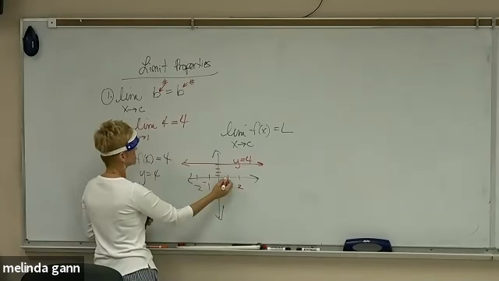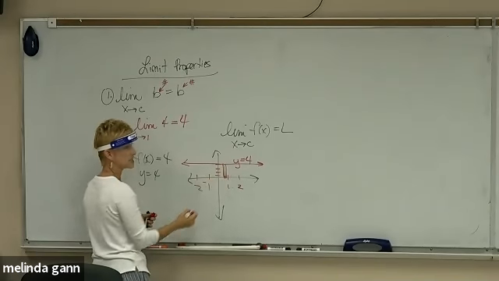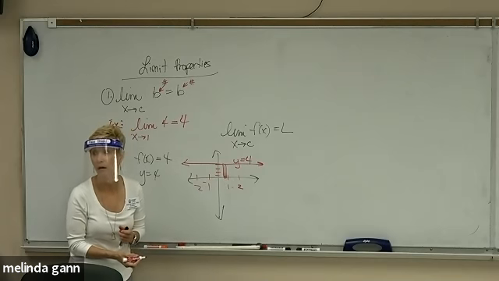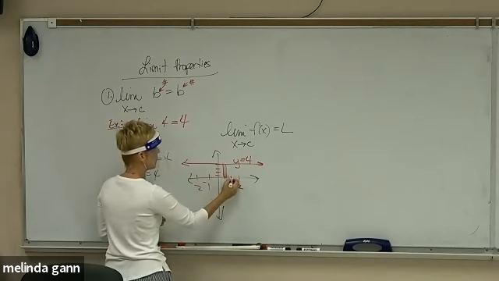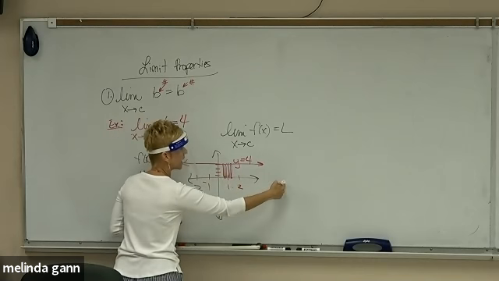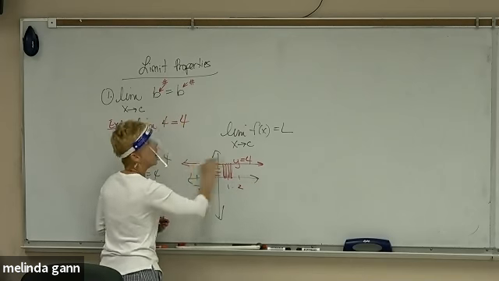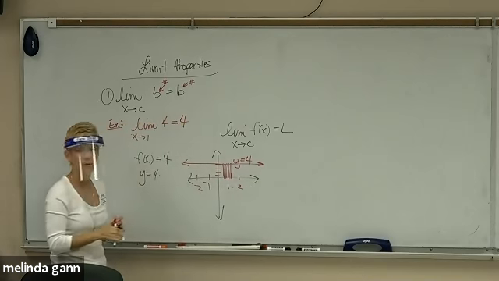When you're getting close to, say, 1 from the left side, what's your y value getting close to? Well, actually, it's not getting close to anything. It is what? 4. What if you were over here? What's your y value still? 4. What if you were over here, like approaching 29? What's your y value always on this graph? 4.